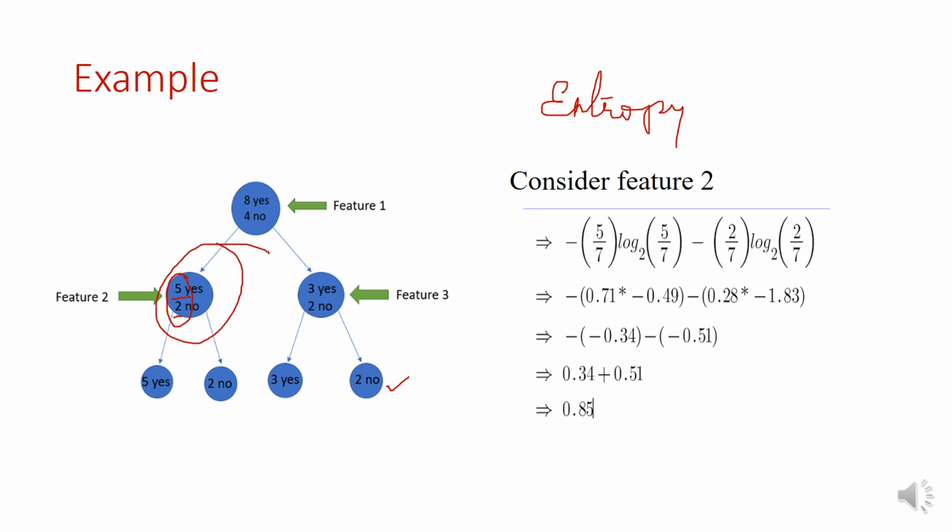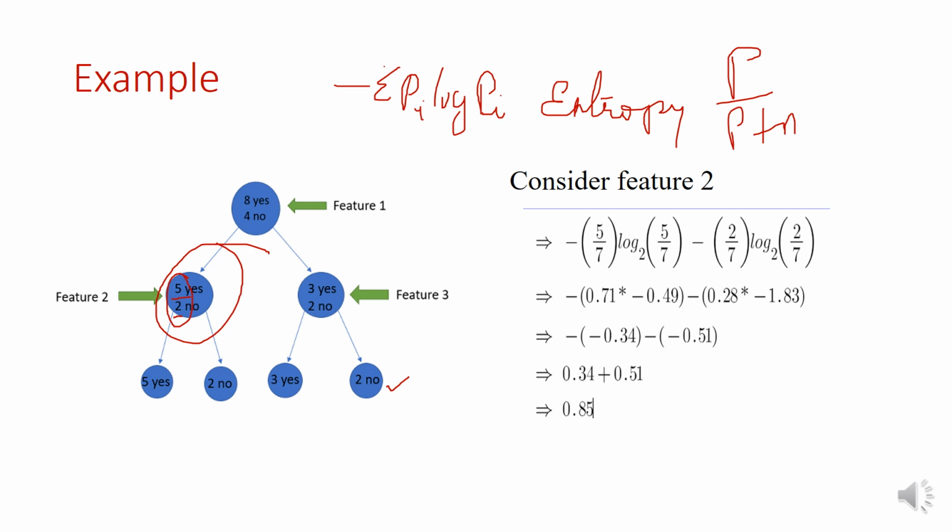Okay guys, so what is the formula here? Minus summation pi log pi. Here pi is positive instances divided by p plus n, positive plus negative. So here we write minus, how many positive instances do we have? 5.